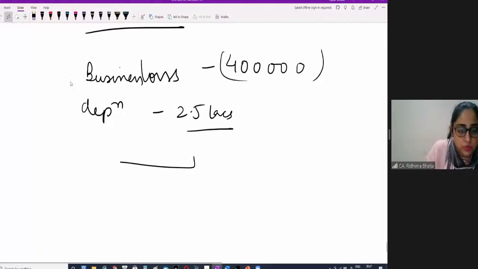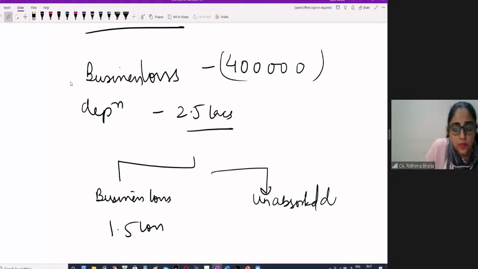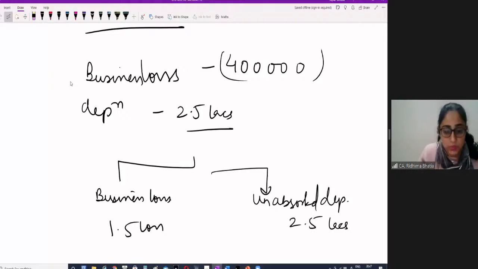Your actual business loss to be carried forward would be 1.5 lakhs, and your unabsorbed depreciation will go as 2.5 lakhs. Okay. Section 32, subsection 2 says so. The unabsorbed depreciation and business loss. Now, as you may have knowledge, business loss has a time period of set off.